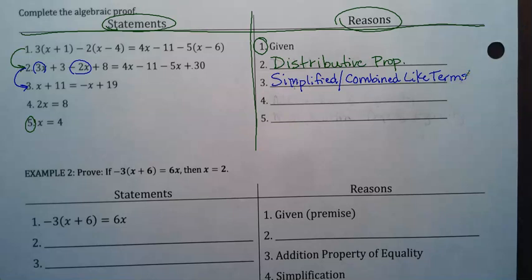So we haven't even used any of the things on the top or on the front sheet yet. We'll get there. All right, next up. How do we get from step 3, x plus 11 equals negative x plus 19, to step 4, 2x equals 8?